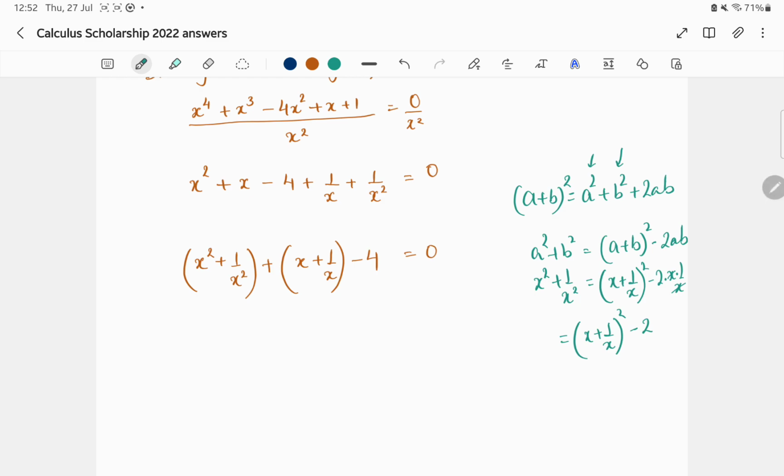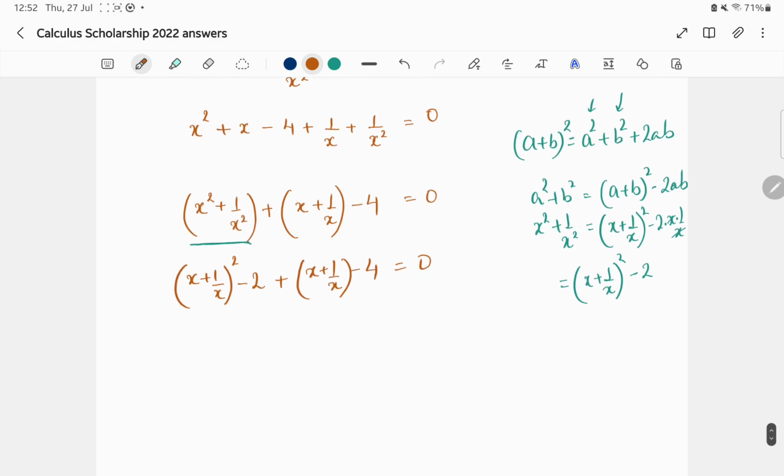So in place of x squared plus 1 over x squared, we can write x plus 1 over x whole squared minus 2, and the rest we have x plus 1 over x minus 4 equals to 0. I hope this step made sense.